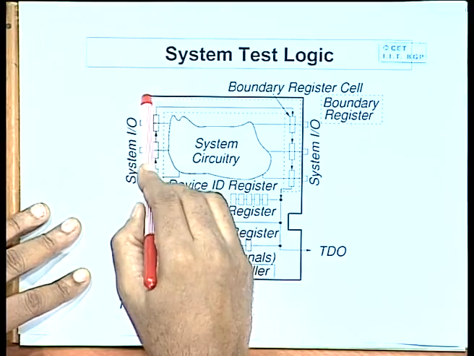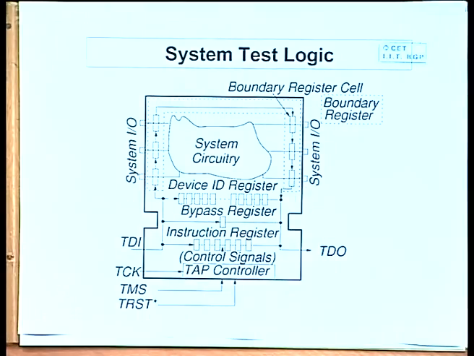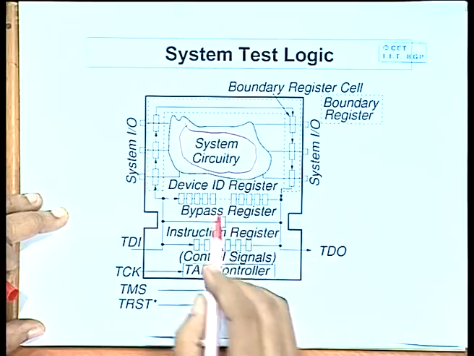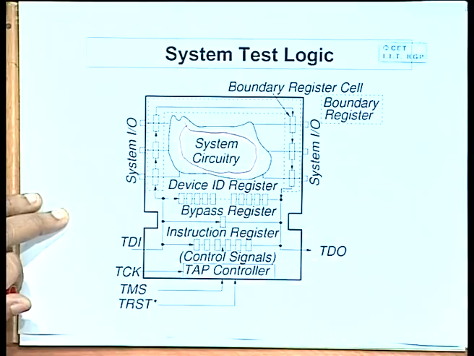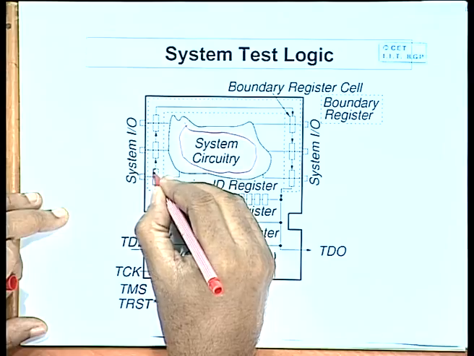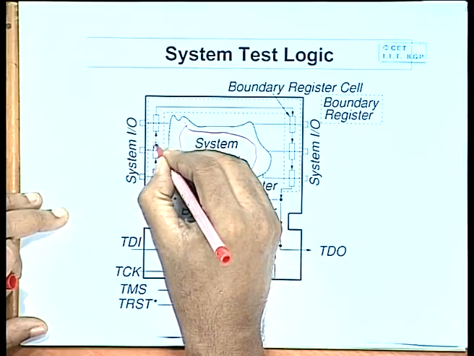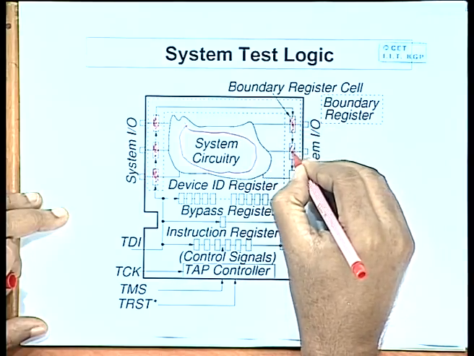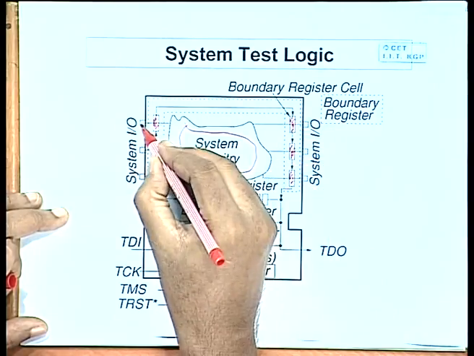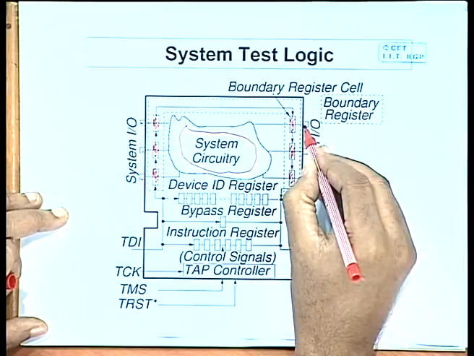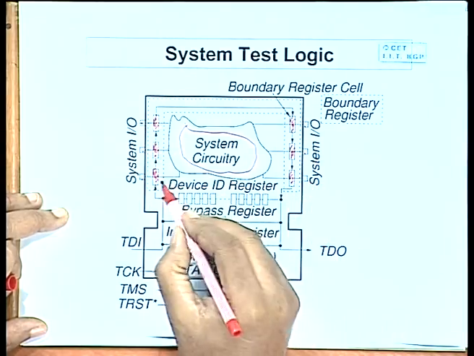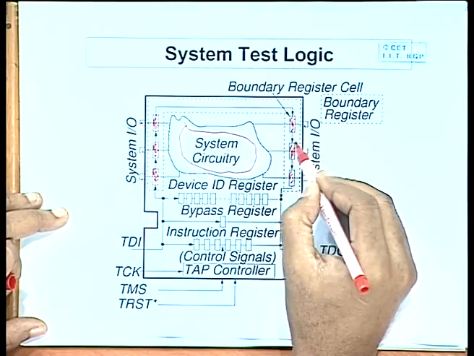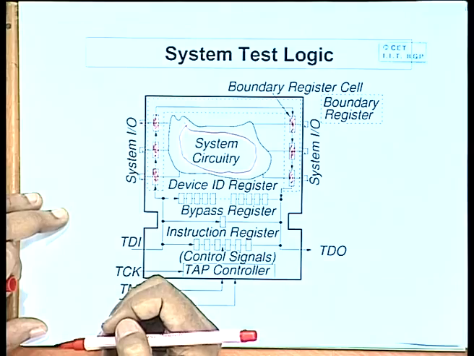You see, this is the total chip, and inside this was the circuit under test which I was calling, this is the system circuitry, and these were the input output pins. Okay. So, the input output pins which are there, now what you do, you put a flip flop just along with each input output pin.